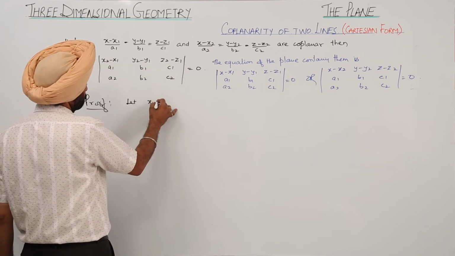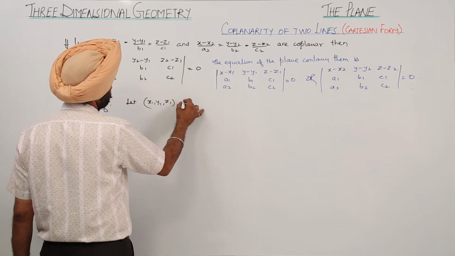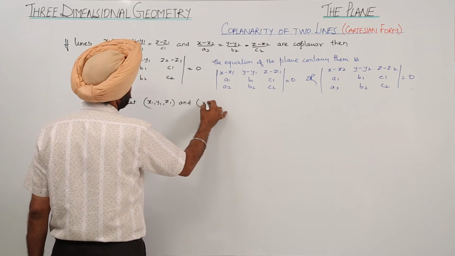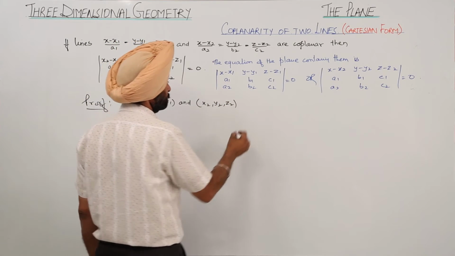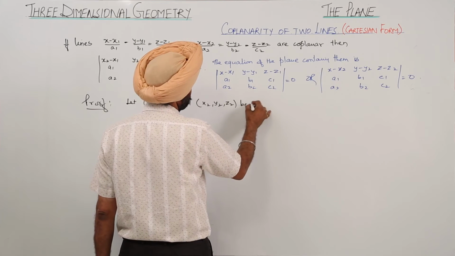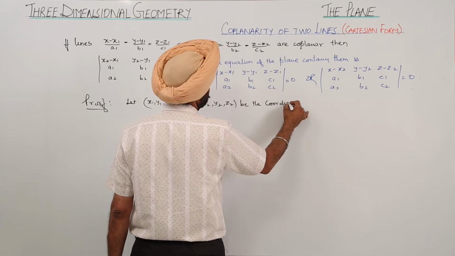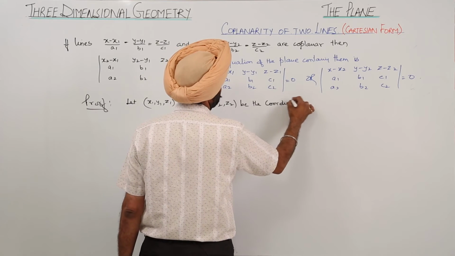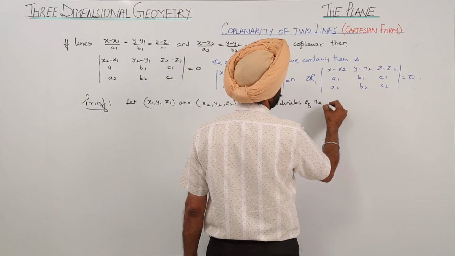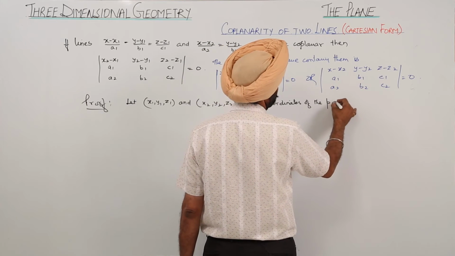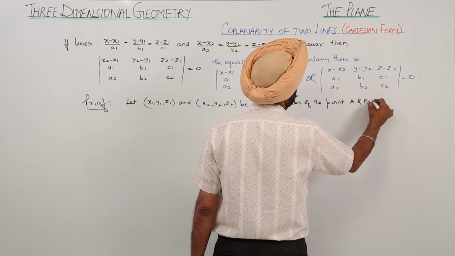Let (x1, y1, z1) and (x2, y2, z2) be the coordinates of the points A and B respectively.